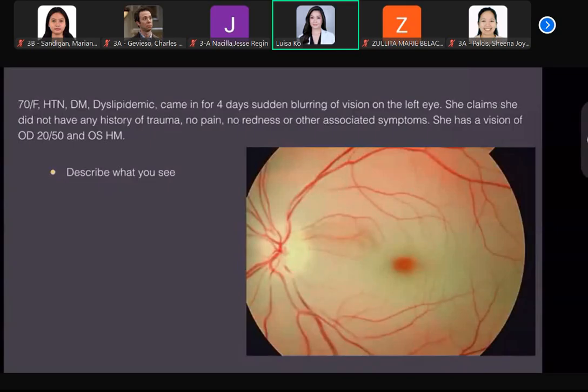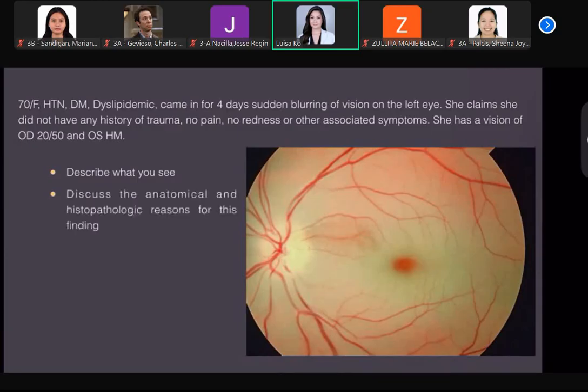Okay, describe the retina. What do you see aside from all the rest that we mentioned? A cherry red spot in the macula, Doc. Okay, good. Cherry red spot.